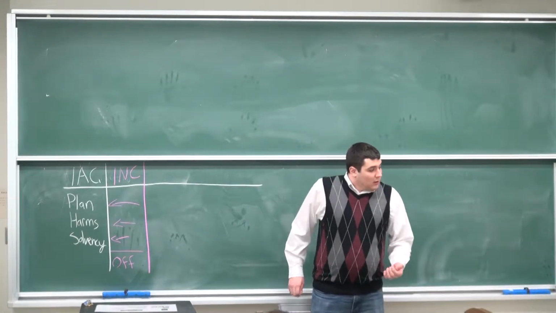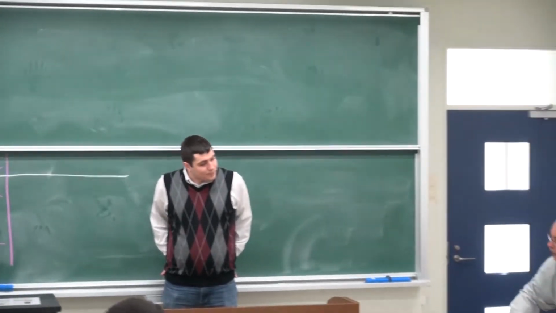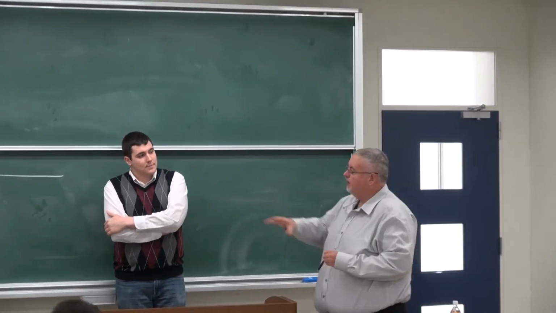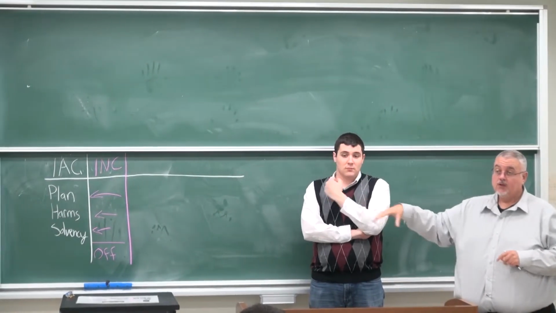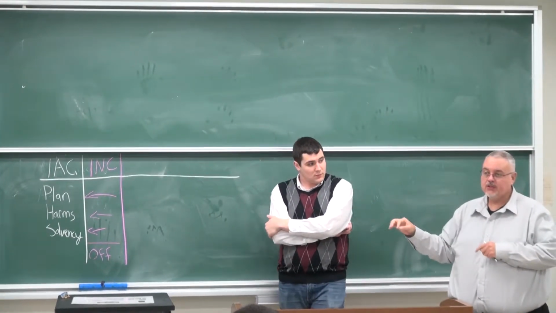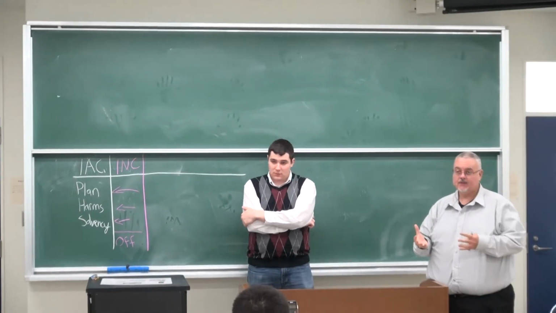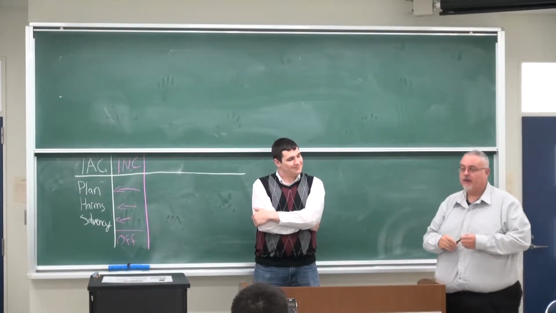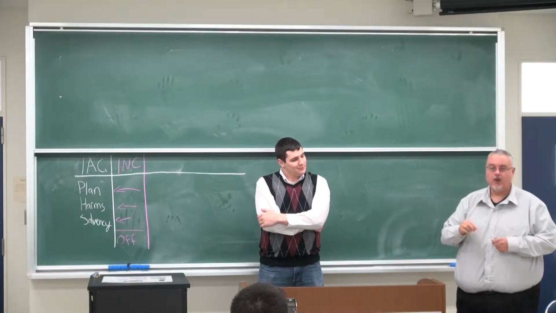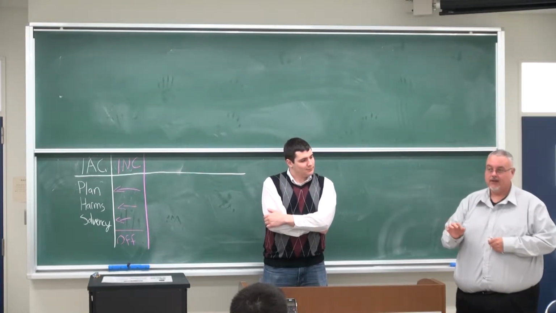Another way of explaining this is that the affirmative in the first speech, that is their case. So everything they say in that first speech is what their case is all about. They're proposing this case, and they have evidence to support it and so forth, but we can refer to it as the case.